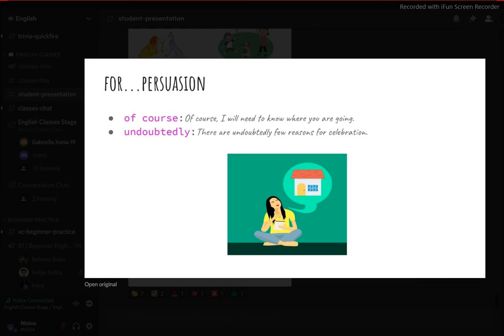Undoubtedly is also a great example of word formation because it is formed by using the word doubt, which means something uncertain. The suffix L and Y at the end make the word an adverb, whereas the U and N as a prefix at the beginning of the word is negating that the thing is uncertain.